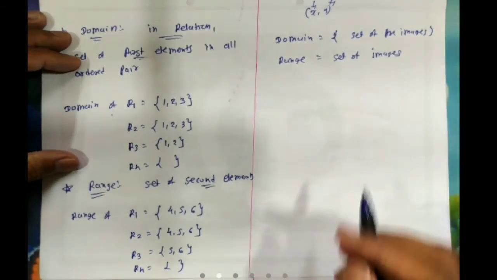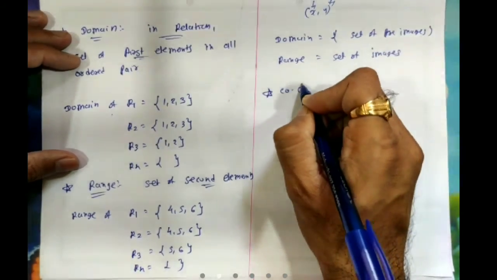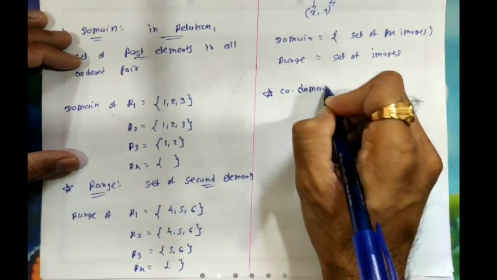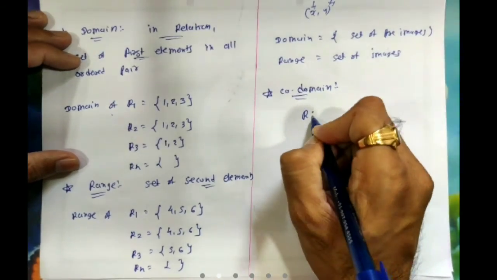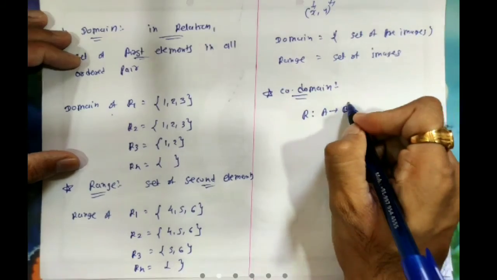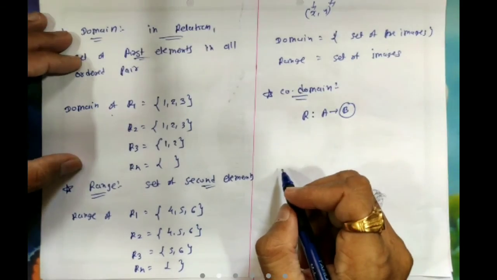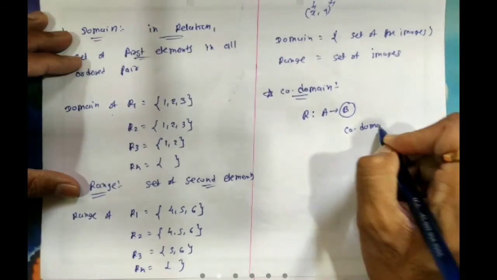Clear? And the third definition is nothing but the codomain. What is codomain? Here we are defining relation R from set A to set B. The second set B is known as the codomain.